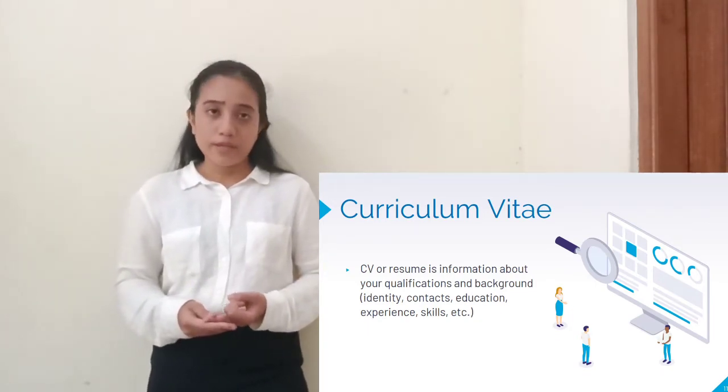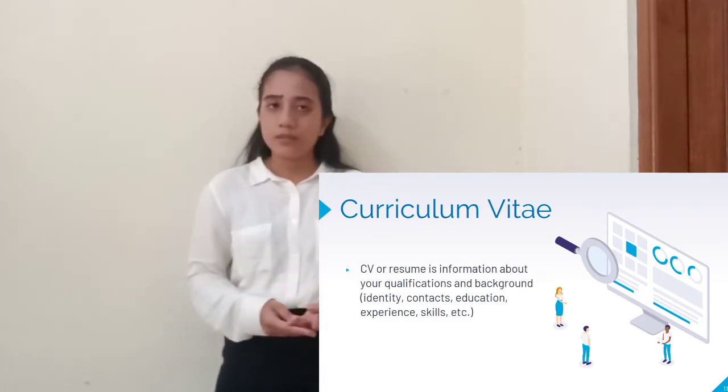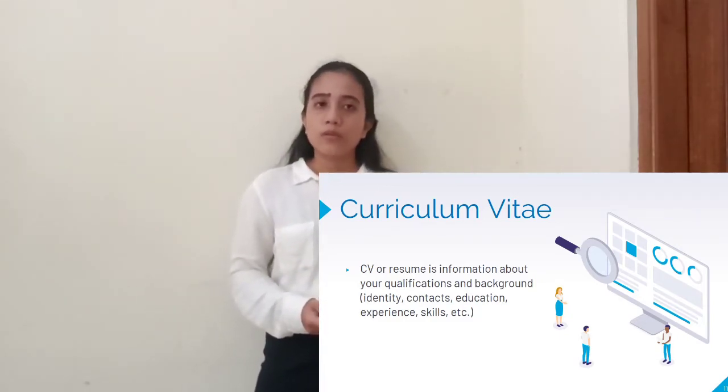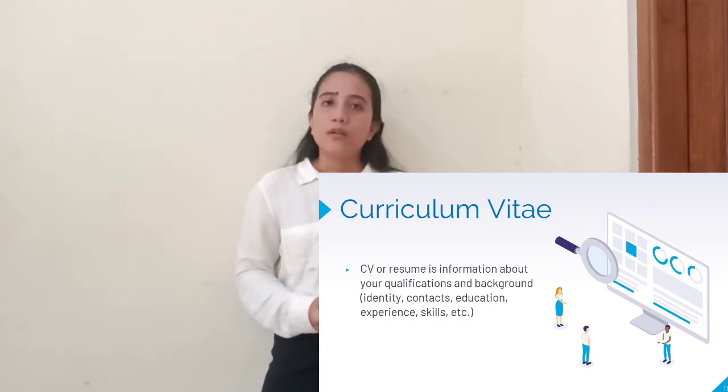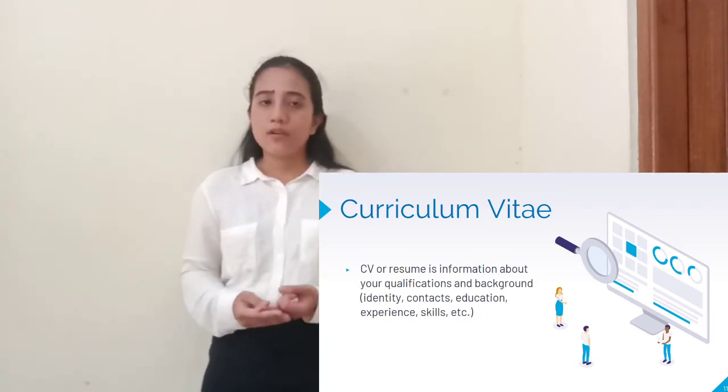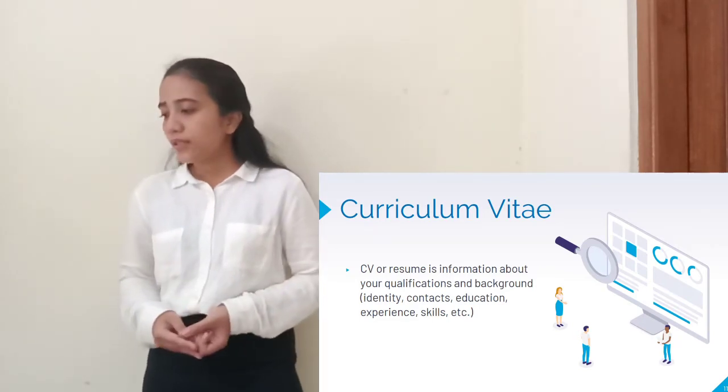Where did you graduate? And then experience. If you have worked before, you write down your experience on a certain job. And then your skills. What are you good at? Like that.